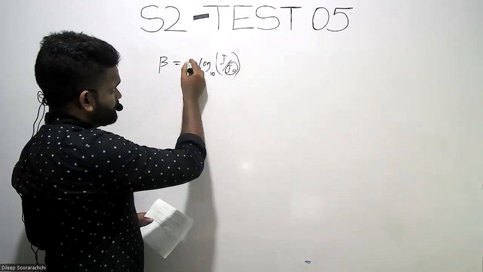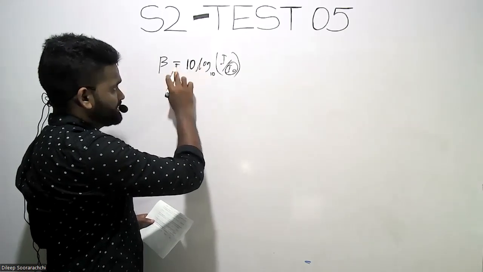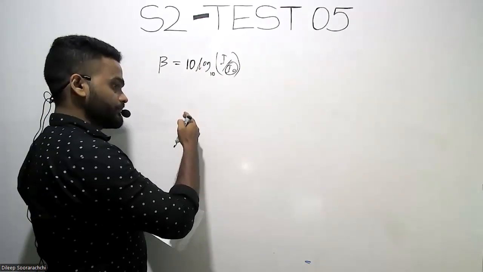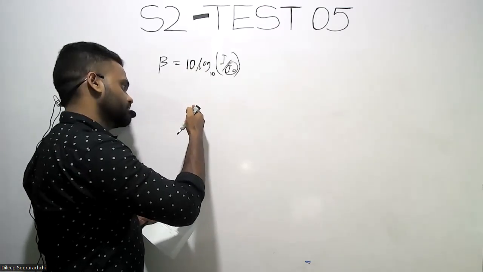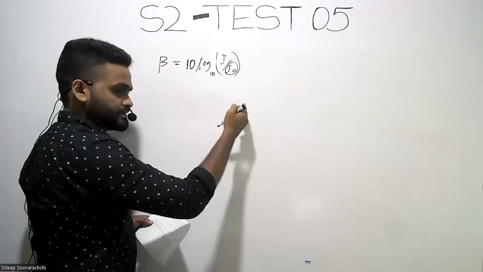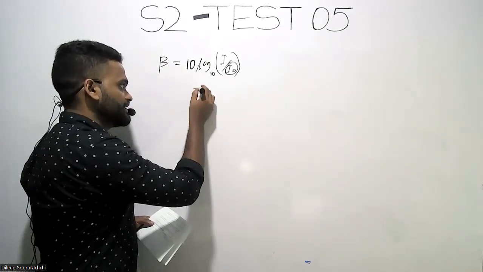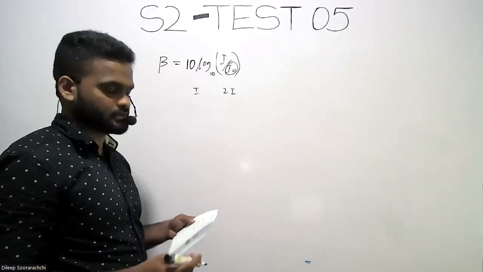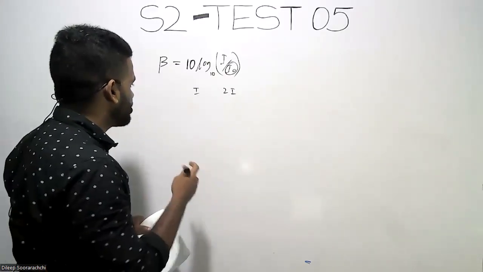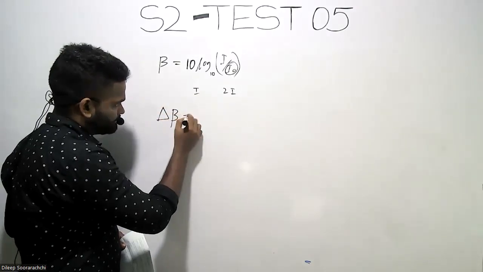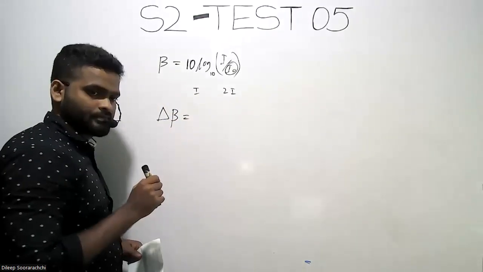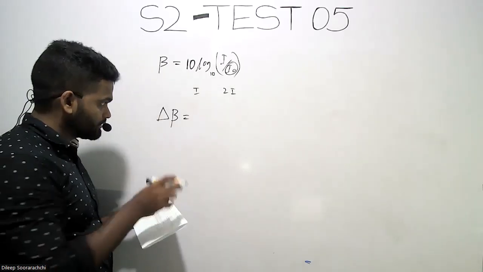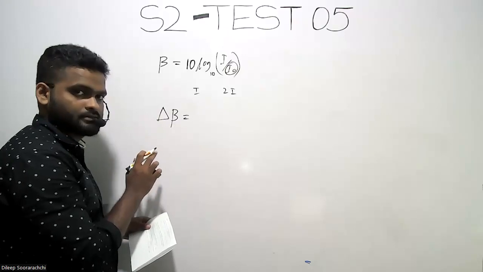So we can solve the question using this as well. But here they say you have to compare the intensity of two instances, like one intensity is I, the other intensity is 2I. Intensity is doubled. So in such cases you have to remember this equation, delta B, change of intensity level. So increase or decrease, that is a change.